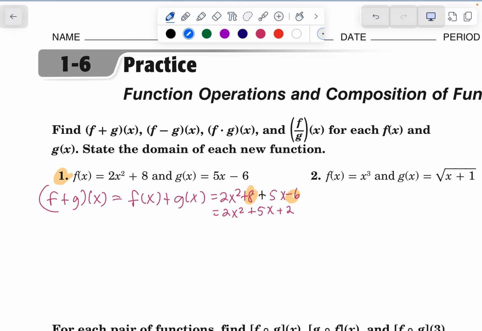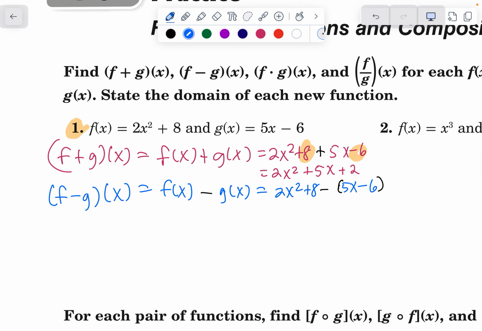Now, if we subtract 2 functions, we do have to be a little careful. It is f of x minus g of x. And when we go to subtract them, you must put the last function in parentheses. The reason you want to put it in parentheses is so that you remember to distribute the negative to both pieces.